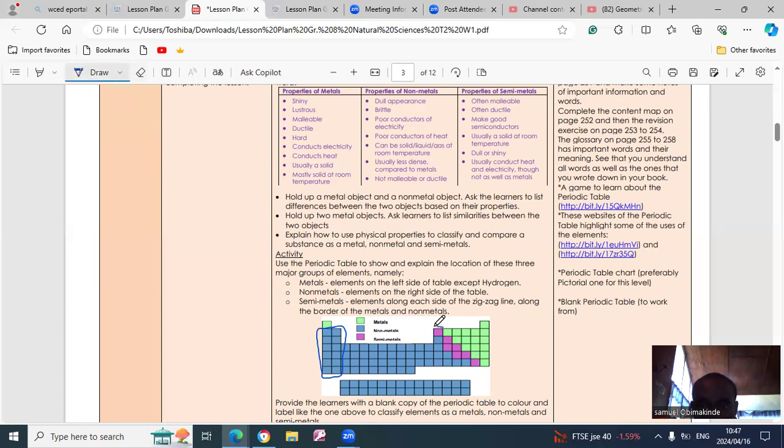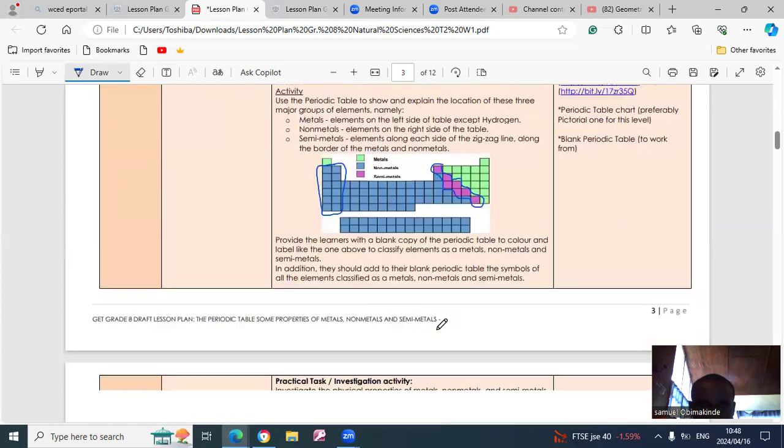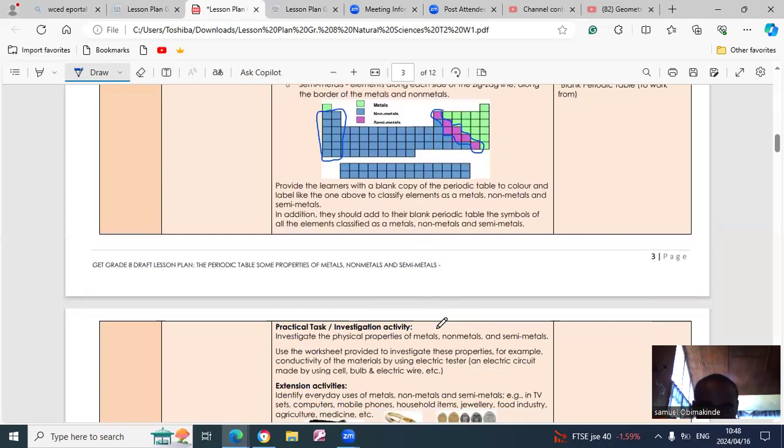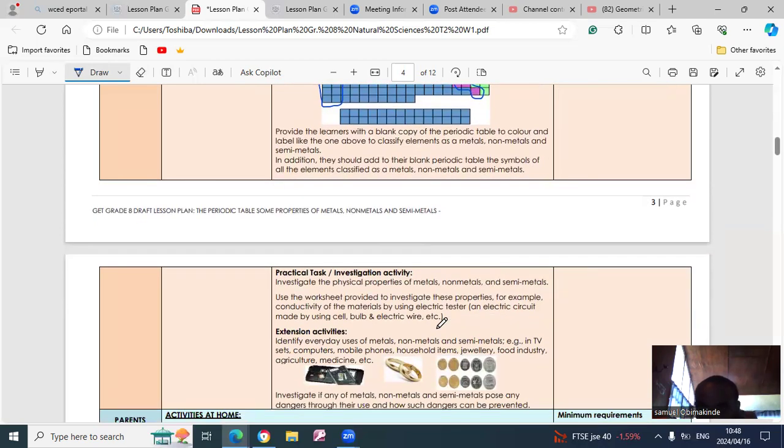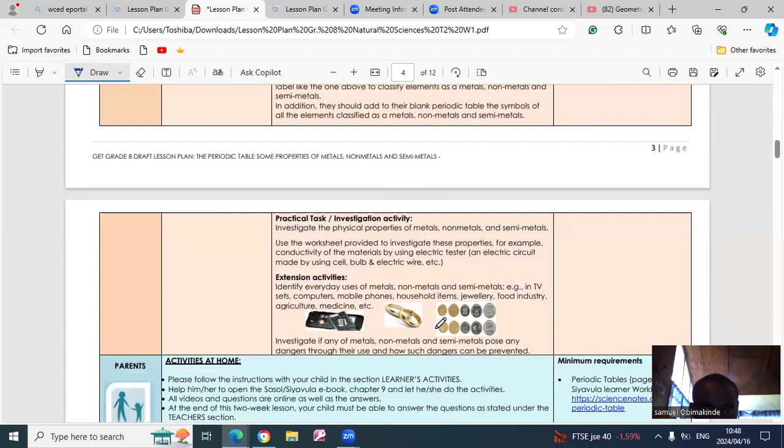So the elements in purple are semi-metals or metalloids, and the elements in green, these green ones, they are non-metals. I've shown you that a moment ago.